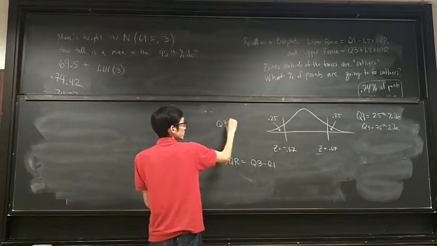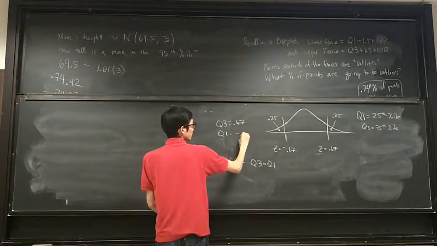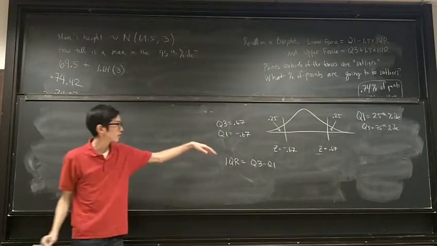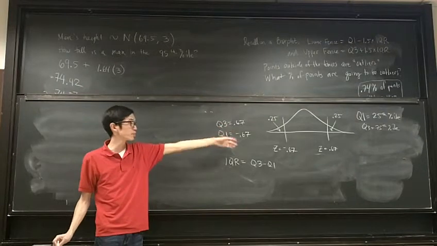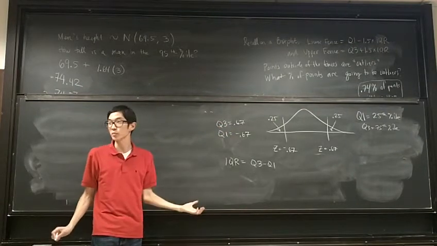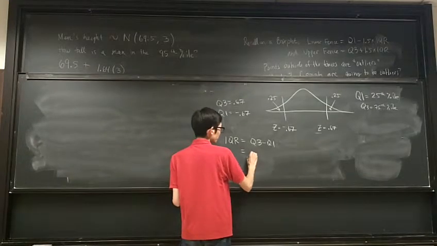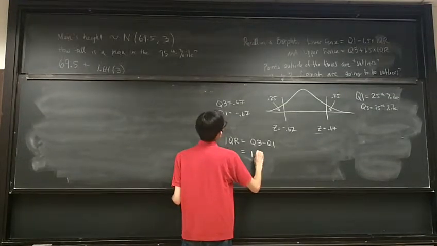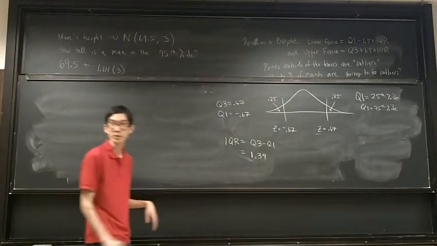Q3 is equal to 0.67 and Q1 is equal to negative 0.67. Q3 is 0.67 standard deviations above the mean, Q1 is 0.67 standard deviations below the mean. So my IQR is Q3 minus Q1, 1.34. That's my IQR.